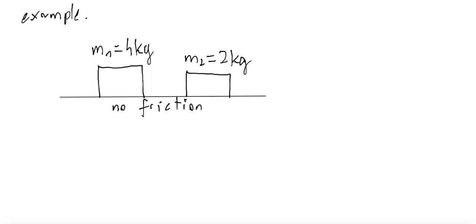As I said, these two objects are connected by the string, and there is a force acting on these two objects, and this force is equal, let's say, I don't know, what do you want, 18 newtons. And the question is, what is the acceleration of this system? So the acceleration of these two objects.